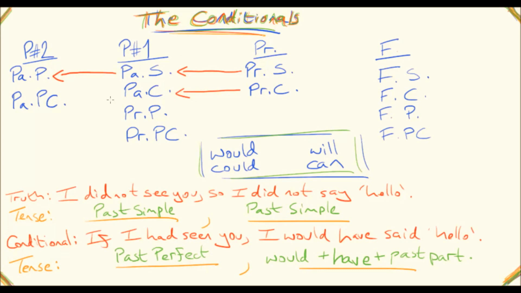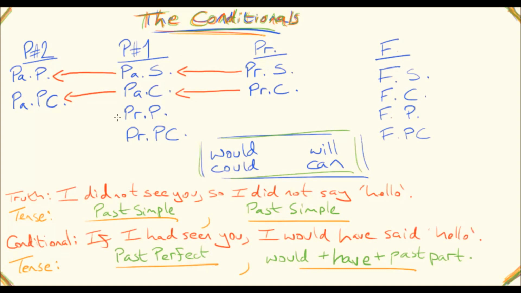If the truth is in past continuous, so for example, I'm talking about yesterday. Yesterday, I was sitting on the beach. Well, from that, we jump back to past perfect continuous. If I had not been sitting on the beach, I would have been visiting friends, for example.